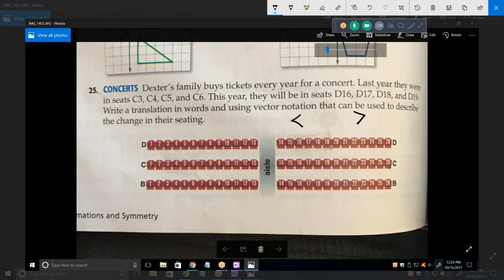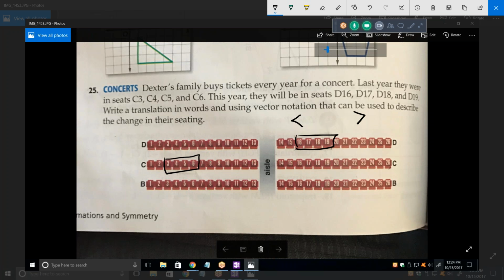Well, let's look at the picture too. In other words, we were in these 4 seats last year. This year, we're in these 4 seats. So how do you get from these 4 seats to those 4 seats?